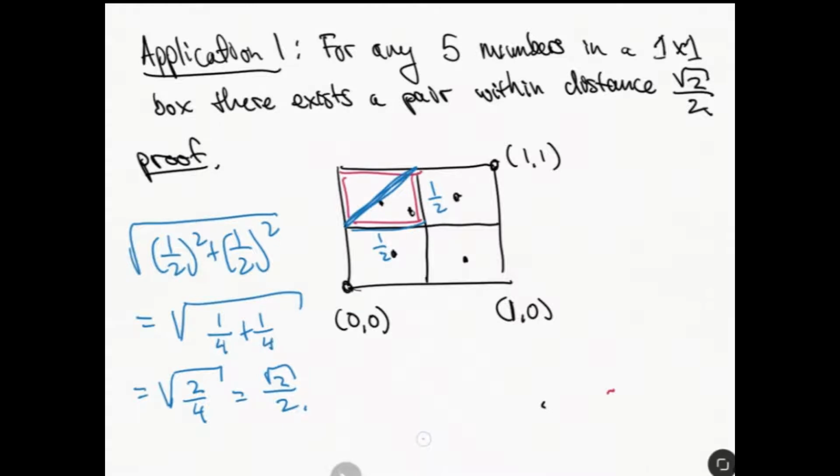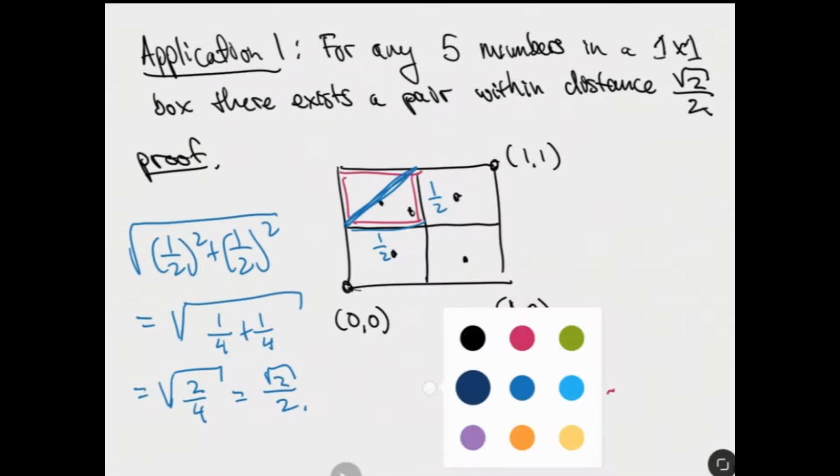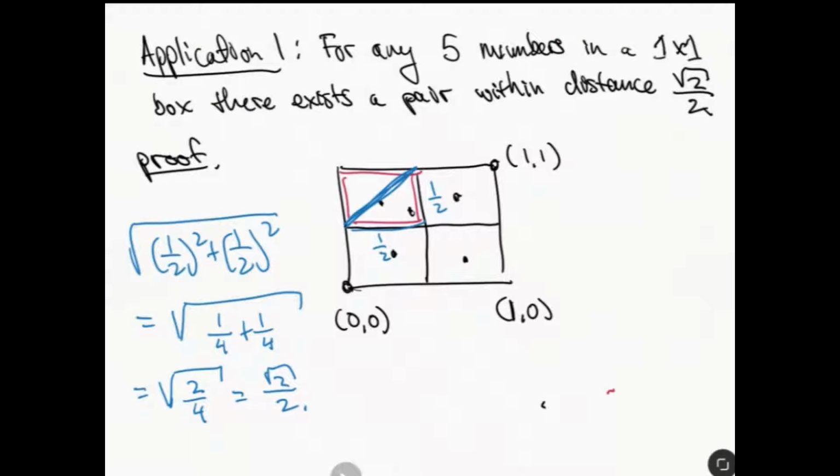If we were going to write this out rigorously, you'd have to say more words, but this is a video, so I'm just going to leave it at that. This is the idea: the pigeons were the points, and the holes were these 4 holes. So you have 5 pigeons and 4 holes. They don't match up.